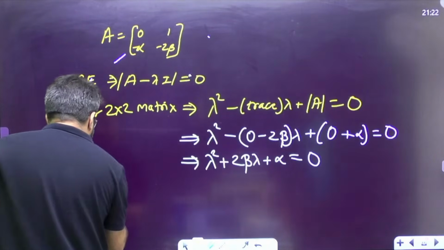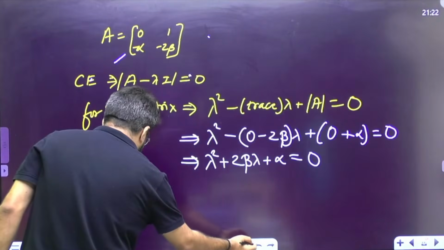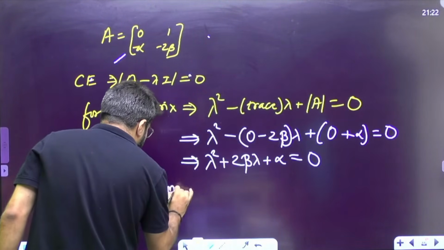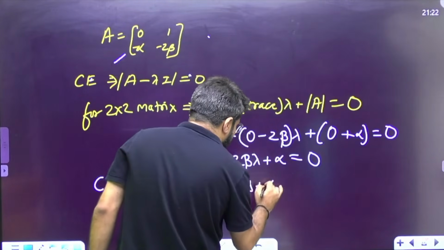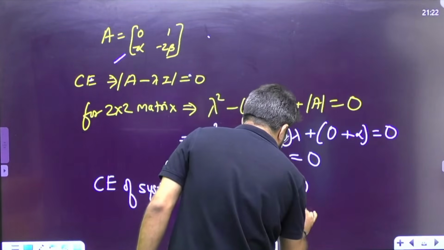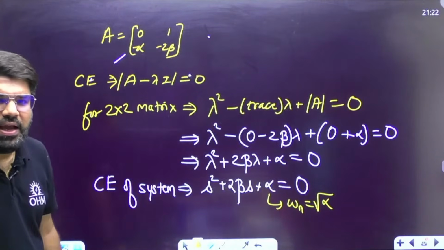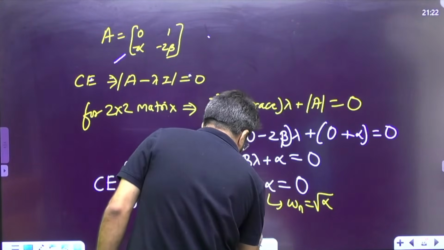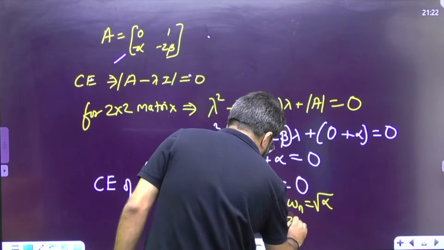So what is the characteristic equation of the system? I told you the characteristic equation of matrix A is equal to the characteristic equation of the control system also, and that is S square plus 2 beta S plus alpha equal to 0, telling you that omega n square is alpha. So omega n is root alpha. They are asking zeta and omega n. Then 2 into zeta into omega n, which is root alpha, is total 2 beta.